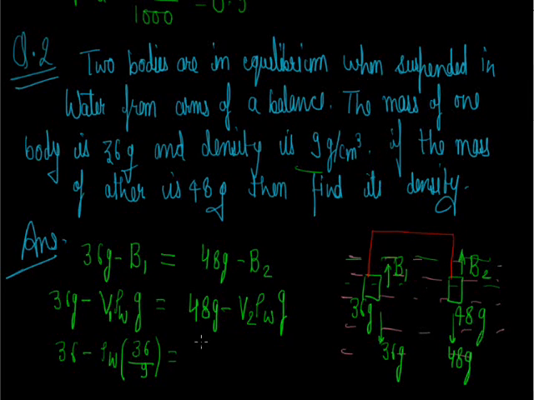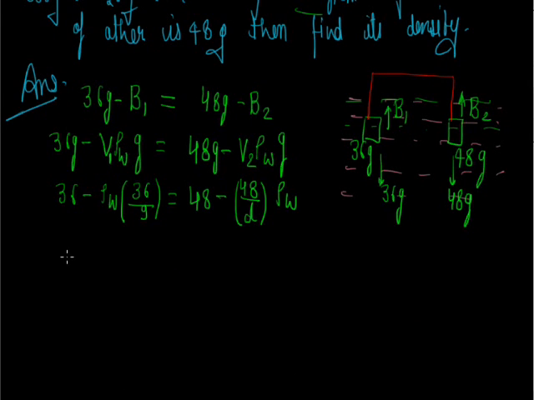g is cancelled out, and here 48 minus the volume of the other body, which can also be written as mass upon density. Mass is 48 and density we have to find out, so suppose it is D. Now the density of water is 1.